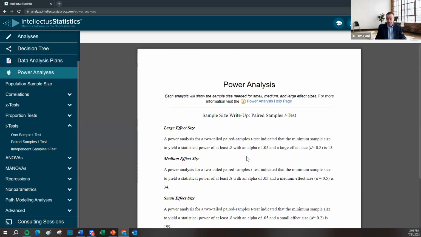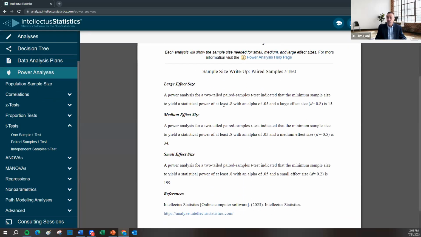So for a paired t-test, there are different sample size calculations based on the effect size. So I'm doing a paired t-test. I want to say, did my intervention about sleep and nutrition make a difference between GPA pre and GPA post? Okay, great. I'm going to do a paired t-test. How many participants do I need?